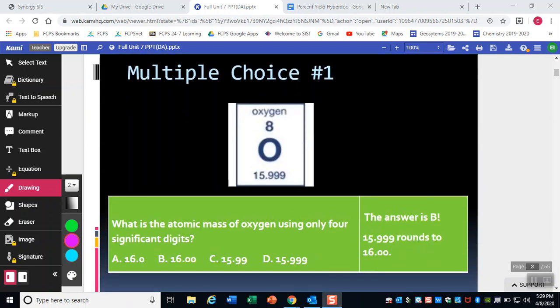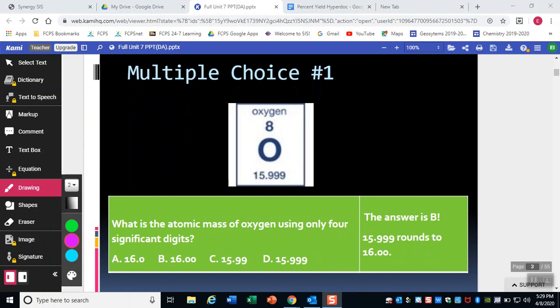So if we have oxygen, we need to remember what the atomic mass is when we're talking about moles and mass. Remember, the atomic mass is this average of all the isotopes, and so it's a decimal.